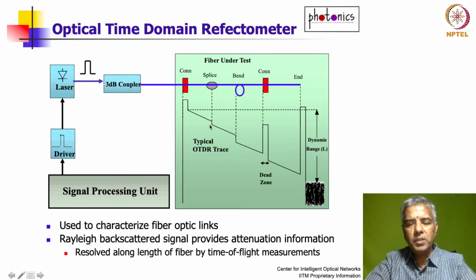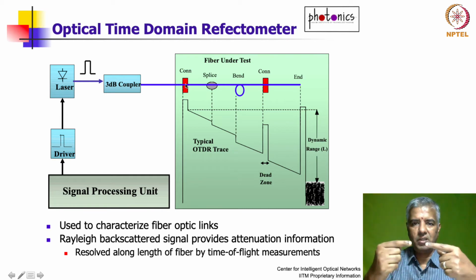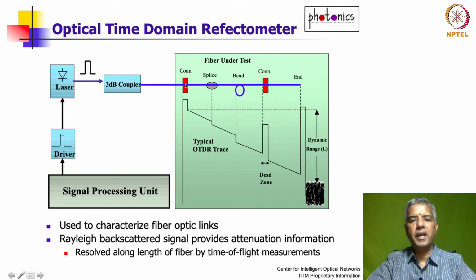So what you expect to see in the backscattered intensity trace is a good reflection because of this connector, which is actually two fibers with an air gap. Whenever you have an air gap, that's like an impedance mismatch, so you will have what is called a Fresnel reflection, so you get a reflection of the pulse.